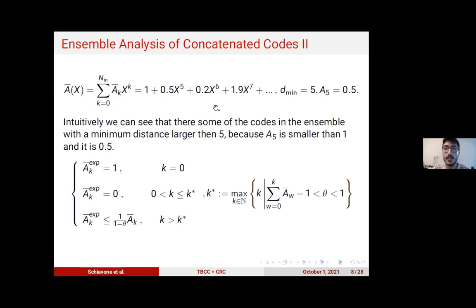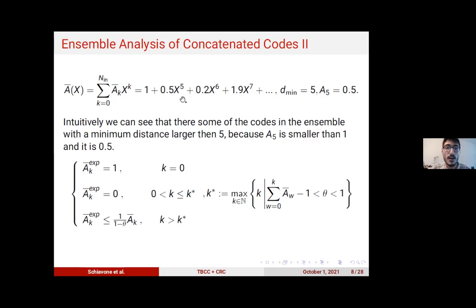In this case, if you try with codes, you'll see that ensembles do not have integers here. It's not an integer number of code words, because it is the average of all the weight enumerators. So here we don't have integers, but this is good because Gallager showed a way to remove the bad codes when the numbers here are smaller than 1.